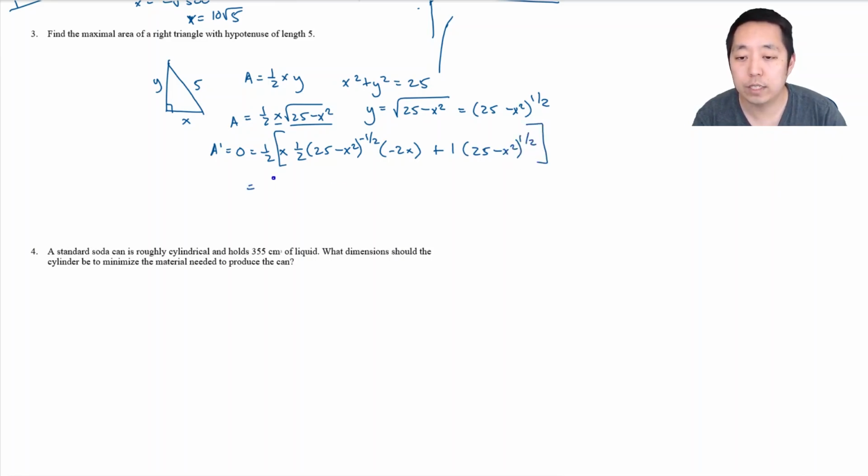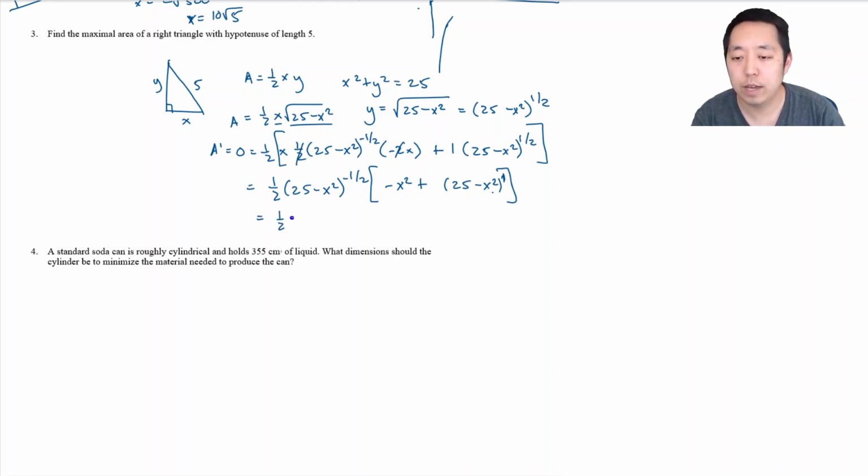Okay, and then I want to factor out, so this 1/2 and this 2 cancel. I want to factor out the smallest term of 25 minus x squared. That's negative 1/2 because this is the smaller exponent. And so if I pull out here, I'm left with negative x squared plus, and then I think about what times this would give me this, just a 25 minus x squared to the 1 power, because 1 times negative 1/2 would make this positive 1/2.